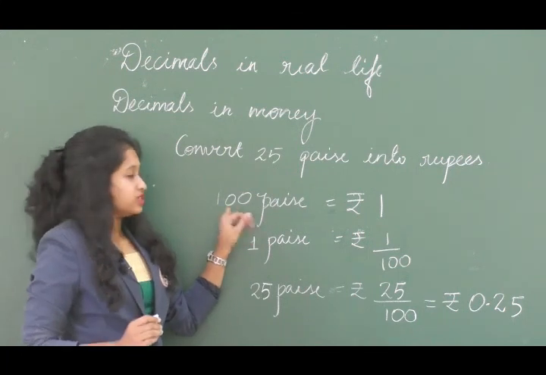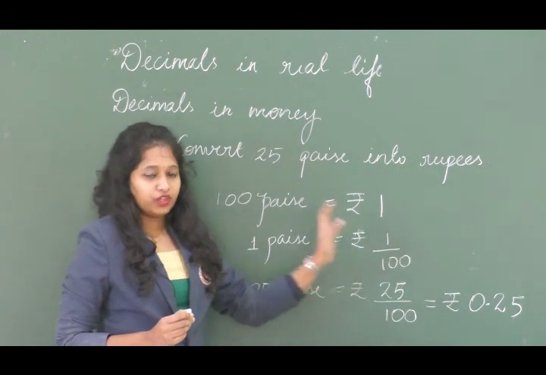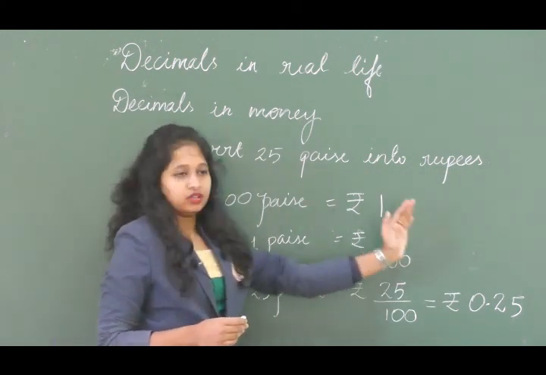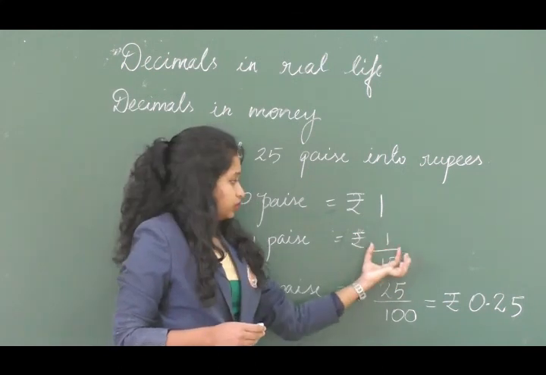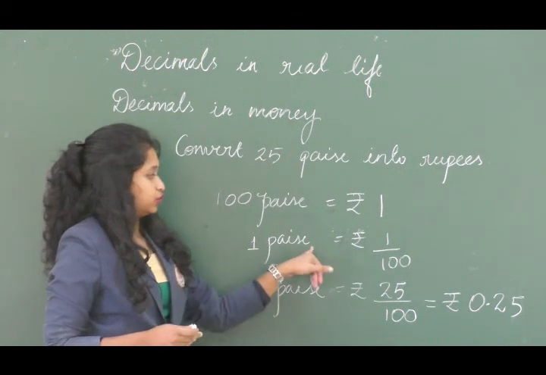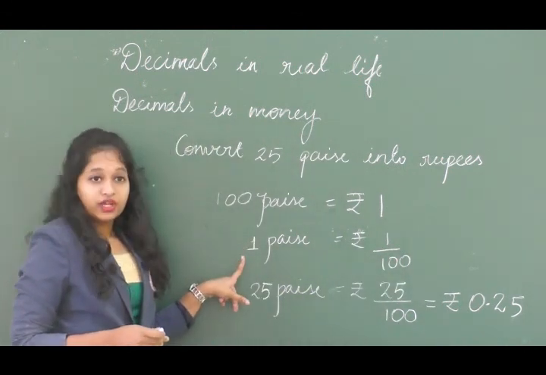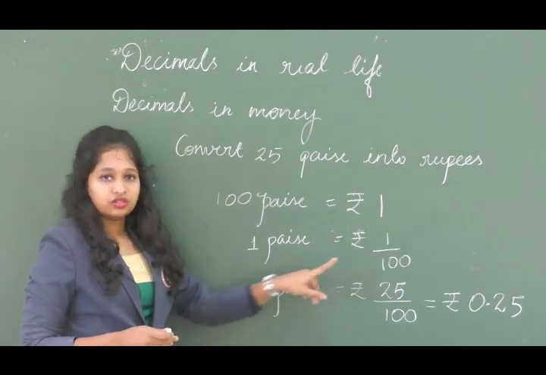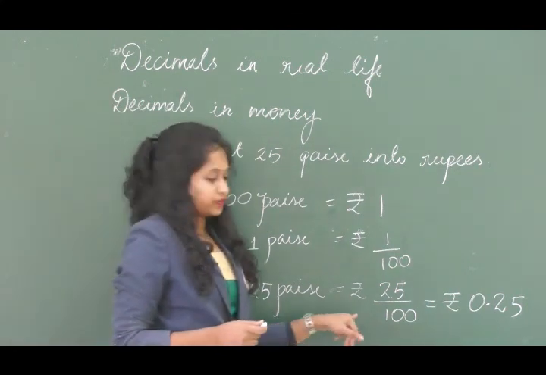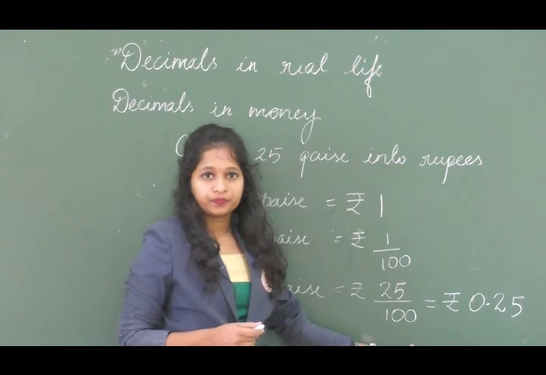What you have to do is take this digit to the denominator here. When you take a number from this side to the other side of equal to, place it in the denominator. So 1 paise is equal to rupees 1 by 100. If 1 paise is this much, then 25 paise will be equal to rupees 25 by 100.